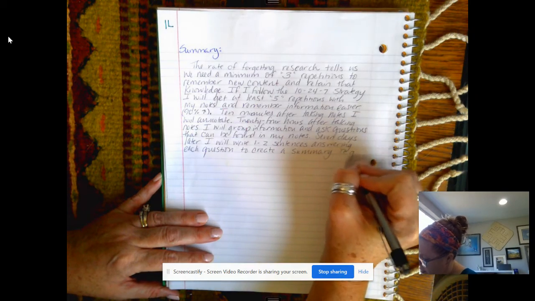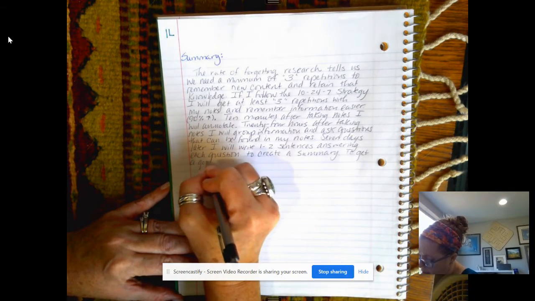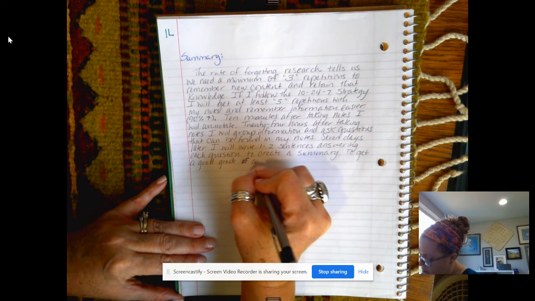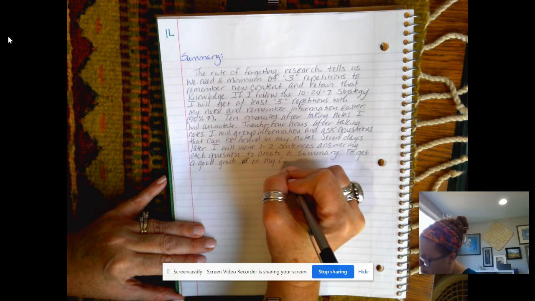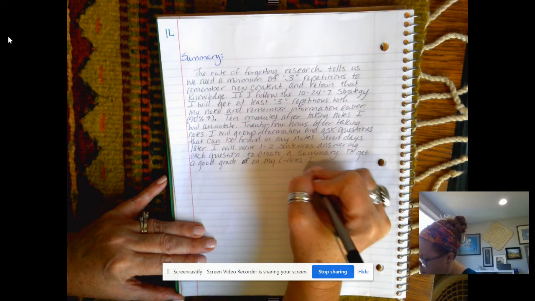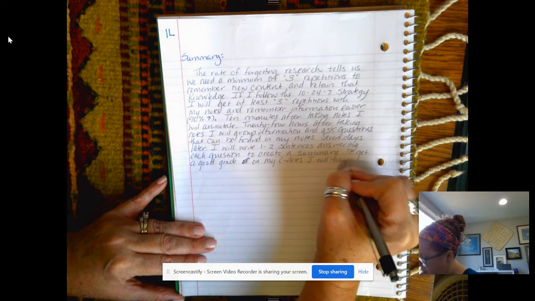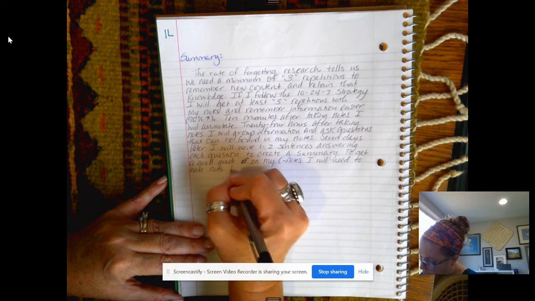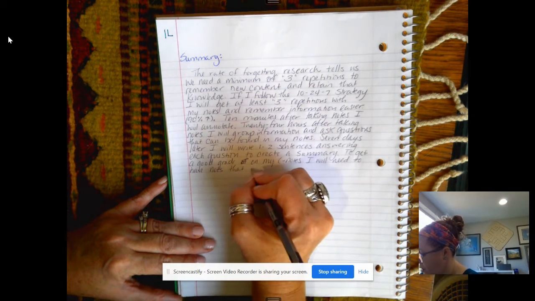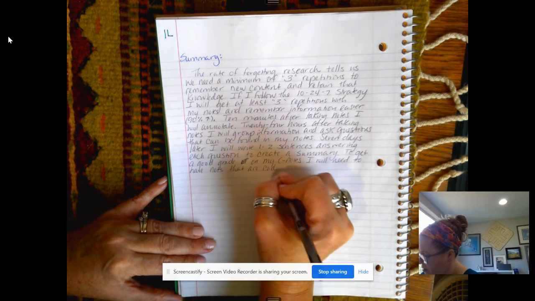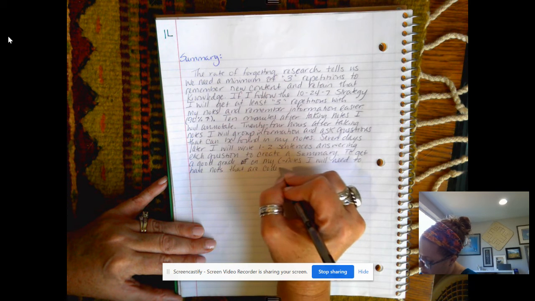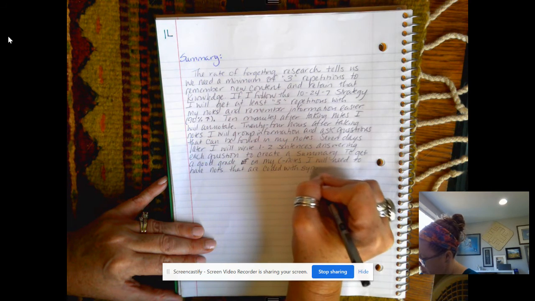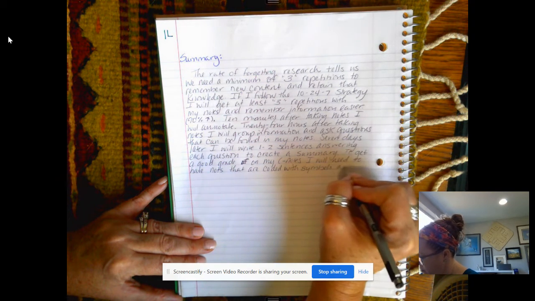To get a good grade on my Cornell notes, I will need to have notes that are coded with symbols and color.